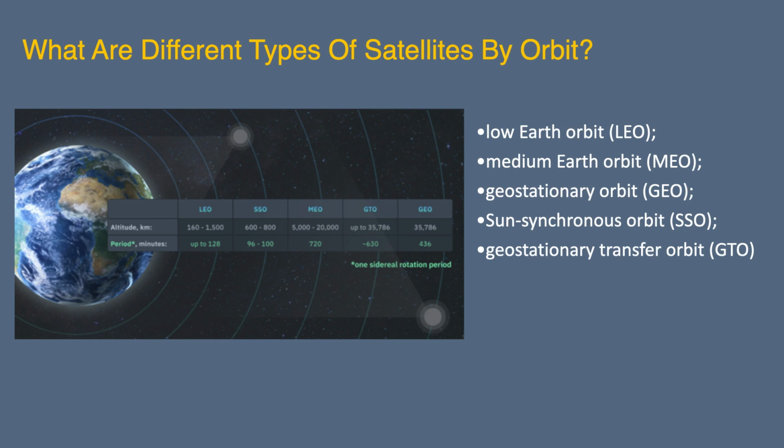Geostationary transfer orbit, or GTO, is used to move satellites from a transfer orbit to a geostationary orbit. Satellites do not always reach their final orbit immediately, and GTO helps them reach the desired position with fewer resources.